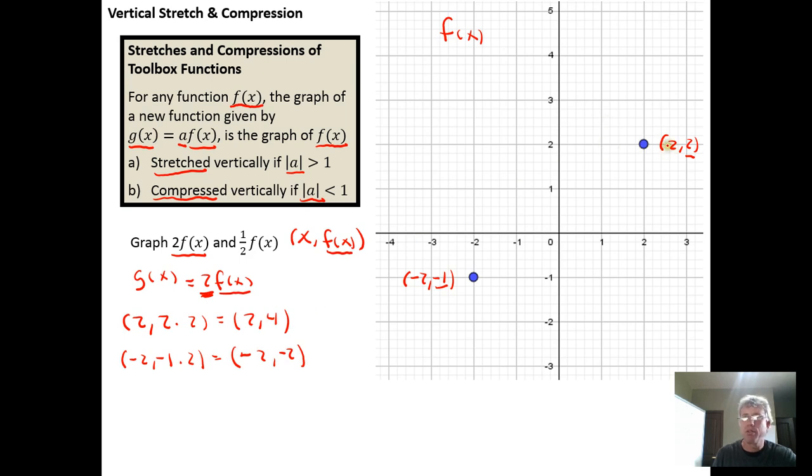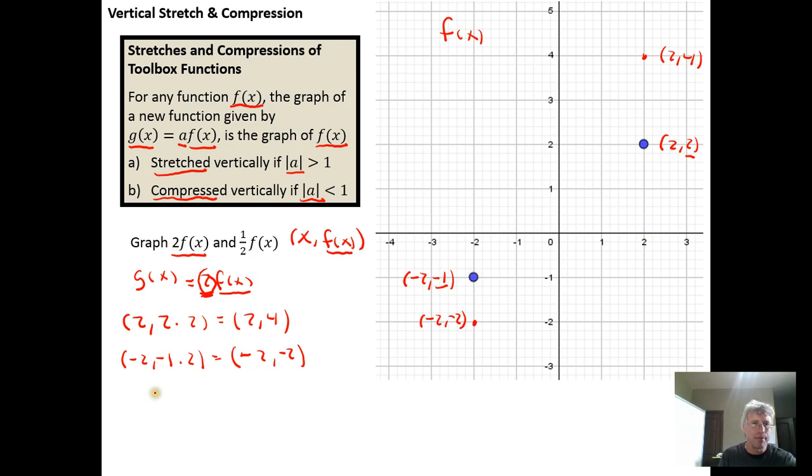So this point was mapped from 2, 2 to 2, 4, and this point was mapped to the point -2, -2. And so the idea is this multiplier of 2 stretched the graph so that it was 2 times higher or 2 times further. Each point was 2 times further from the x-axis than what it was before. So this is a stretch by a factor of 2.